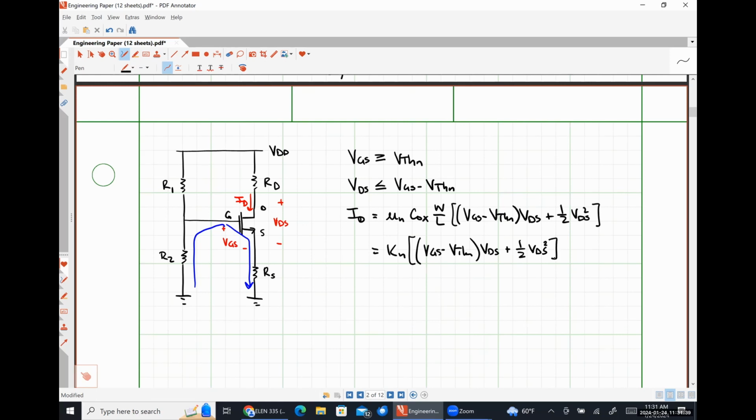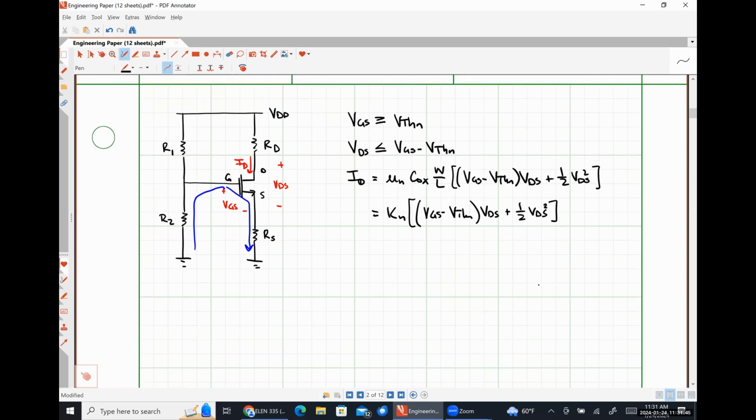Our analysis is going to effectively be similar here, right? So from the jump, we can easily see that VG is still VDD times R2 over R1 plus R2.